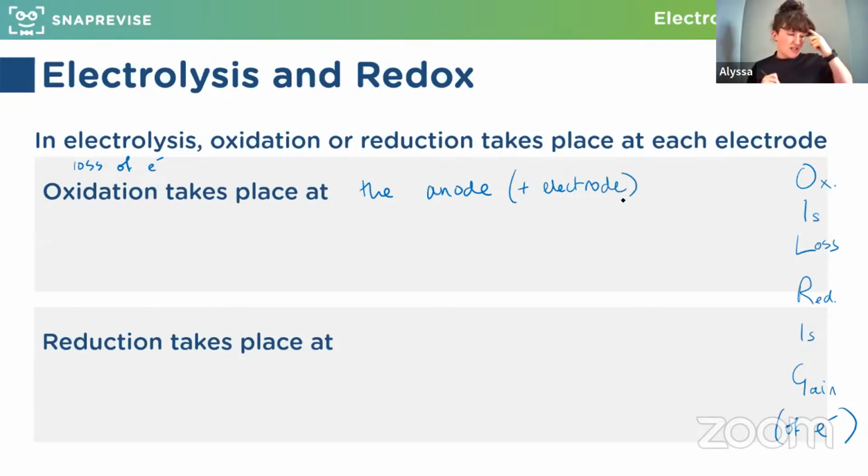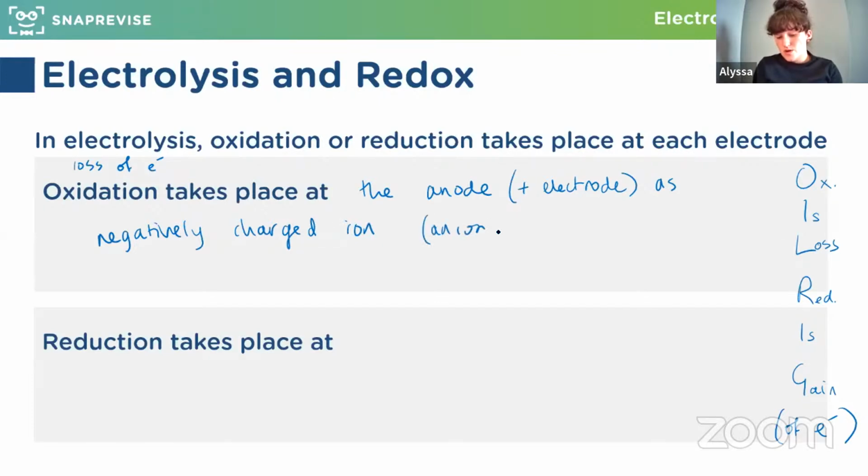So loss of electrons takes place at the anode as negatively charged ions, our anions, which are attracted to the anode, lose electrons.